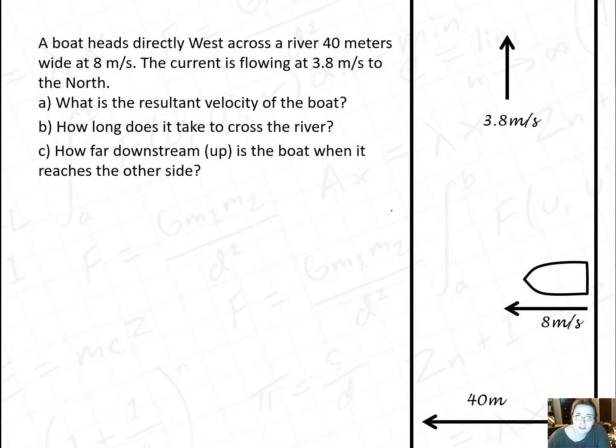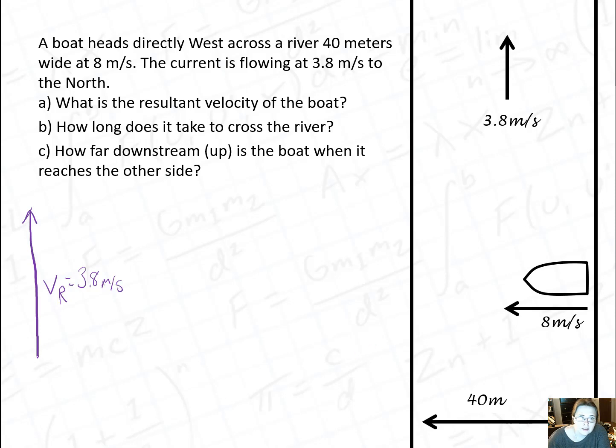If you notice, over here on the right are a bunch of vectors that we need to put together. So I'm going to draw a rather large triangle so that we can fit everything. This here is 3.8 meters per second. This is the velocity of the river, so I'm going to say V sub r, and it's 3.8 meters per second.